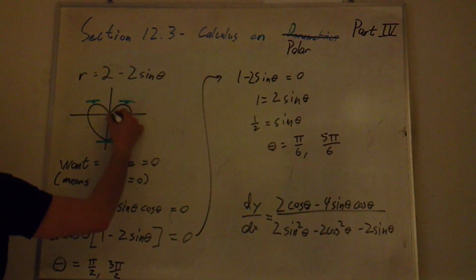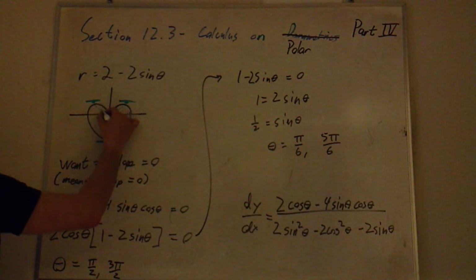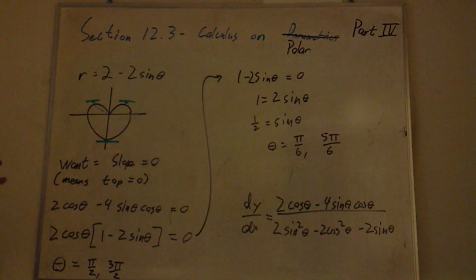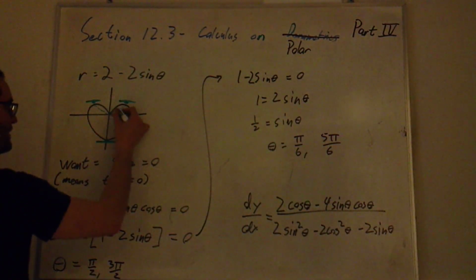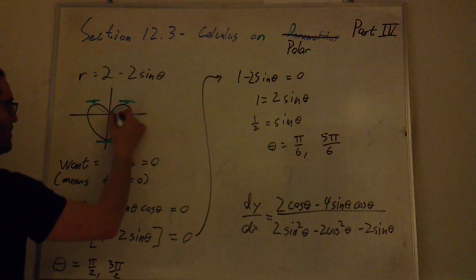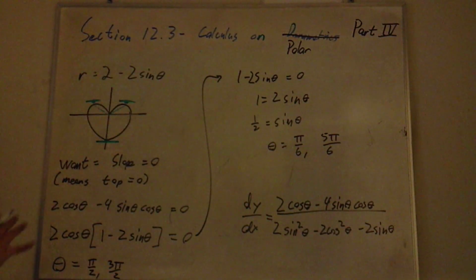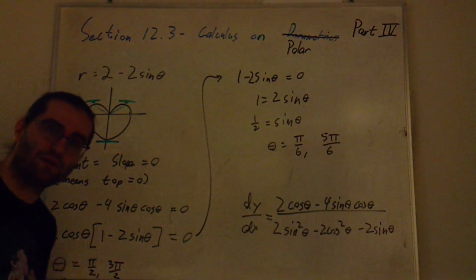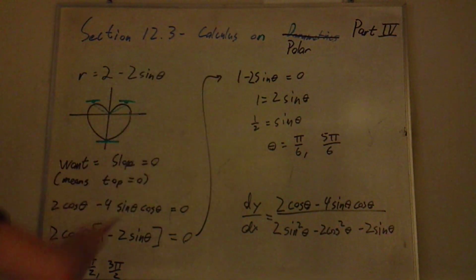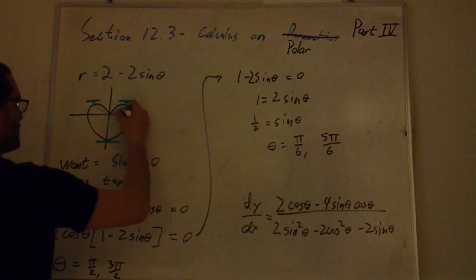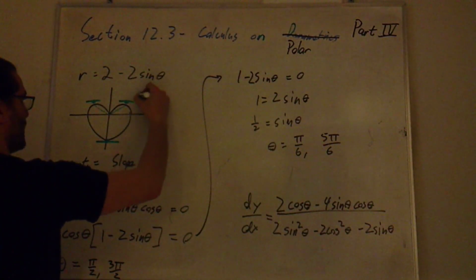This point, I always kind of psych myself out about this point and this point. Every time I do this problem after not having done it for a little while, I trick myself into thinking that this should be a pi over 4 angle and a 3 pi over 4 angle. Like, I expect these to be in the middle, but they are not in the middle. They are sort of lopsided. These are on 30-degree angles. This is our pi over 6 angle.